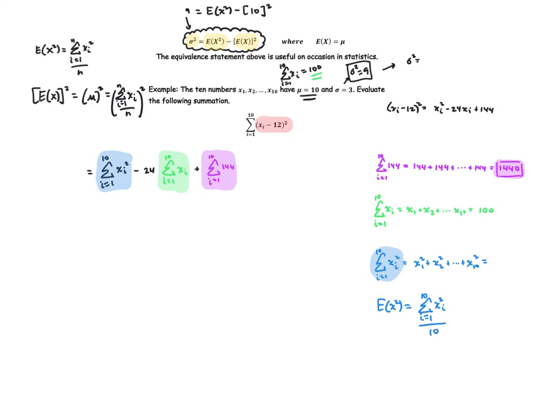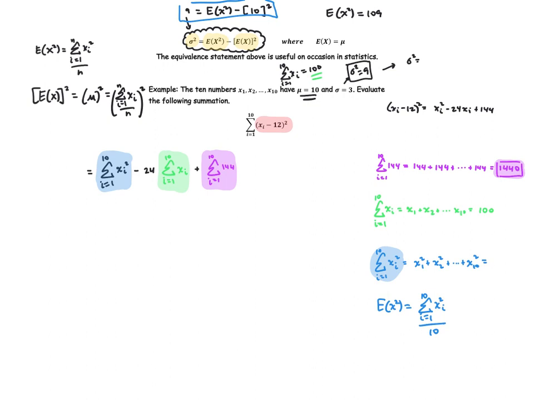Okay, so what we're going to do is work this out. We're going to solve this equation up top, which looks like the expected value of the x squareds is going to be equal to 9 plus 100, which is 109. Okay, cool.